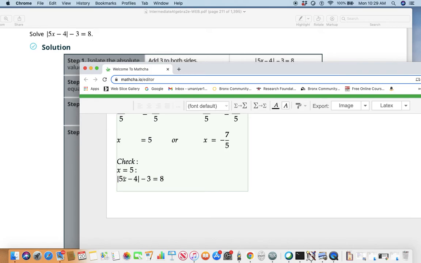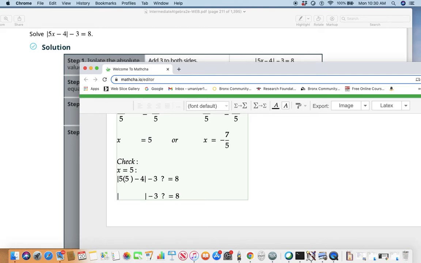We take our original equation, and wherever we see the variable, replace it by parentheses first. You are substituting 5 and checking. The absolute value is a grouping symbol, so keep it as it is and simplify inside. You're checking whether all of this evaluates to 8.